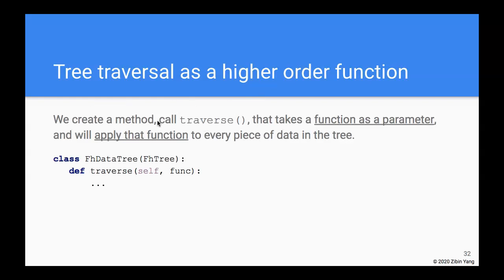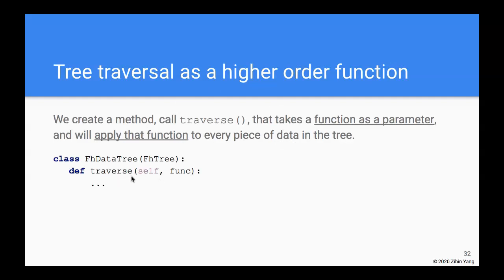So we're going to create such a method. We're just going to call it traverse. And it takes a function as a parameter. So that function is the function that will be applied on each element in the tree.